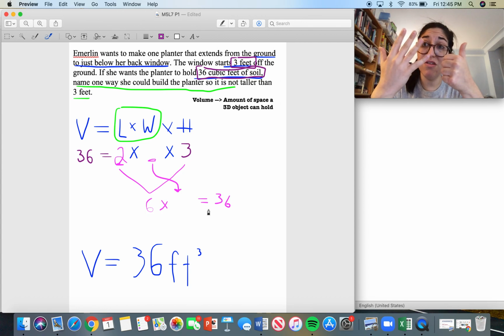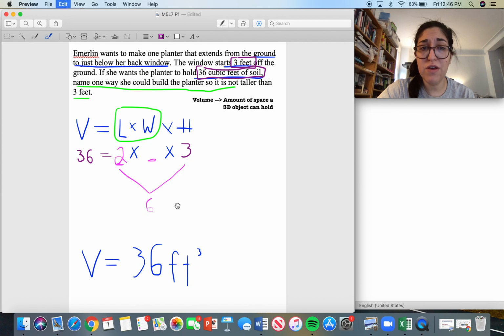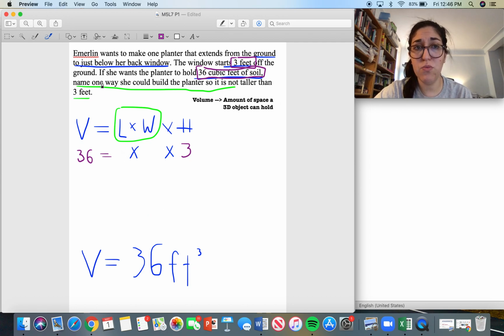Yes, I could. I could multiply it by 6, and 6 times 6 will be 36. So as you can see there, I was able to find a length and a width that would fit. So one way Emerlyn could build this planter is by making a length of 2 and a width of 6.